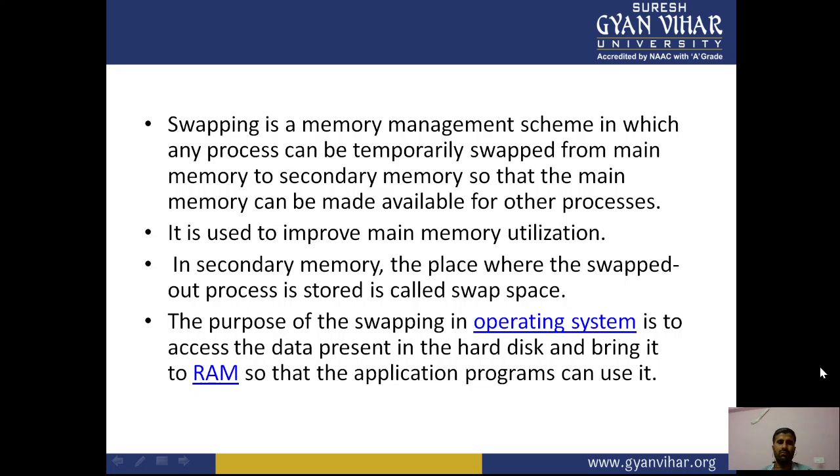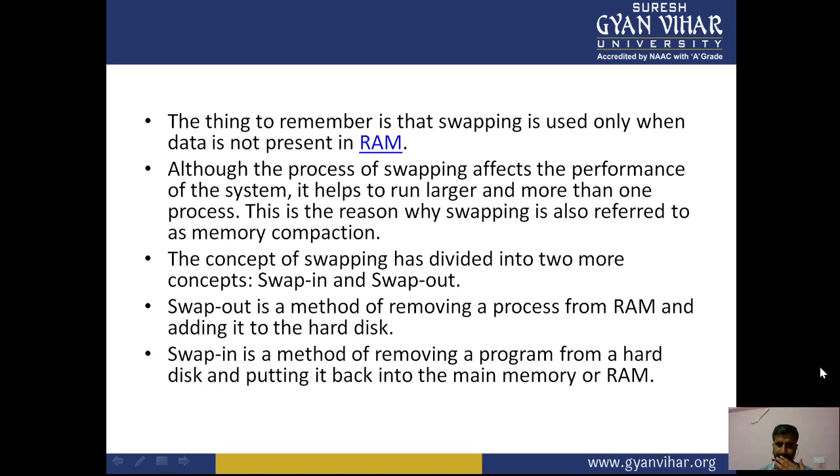So it is used to improve main memory utilization. In secondary memory, the place where the swapped out process is stored is called swap space. The purpose of swapping in the operating system is to access the data present in the hard disk and bring it to the RAM. The thing to remember is that swapping is used only when data is not present in the RAM.